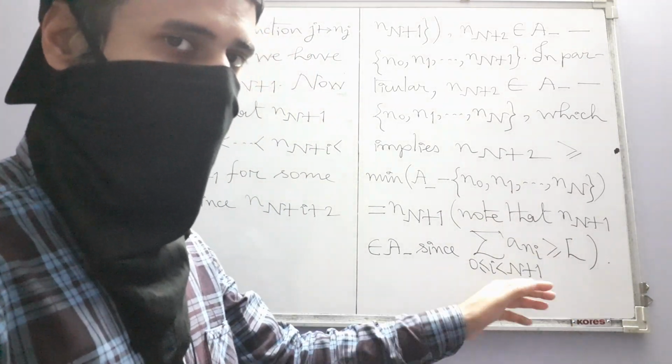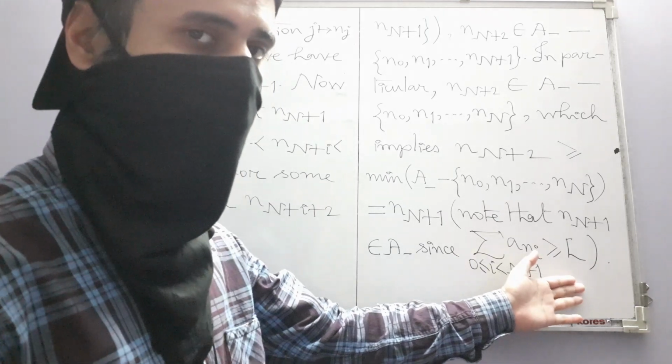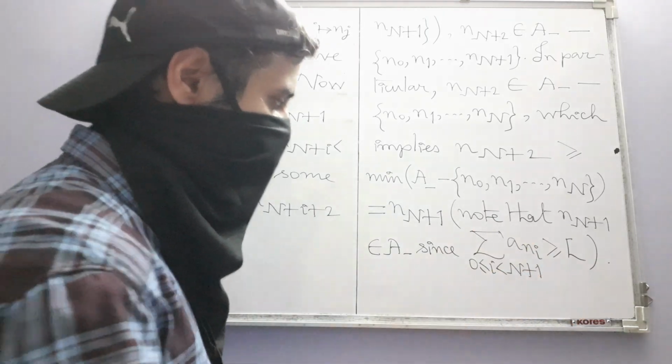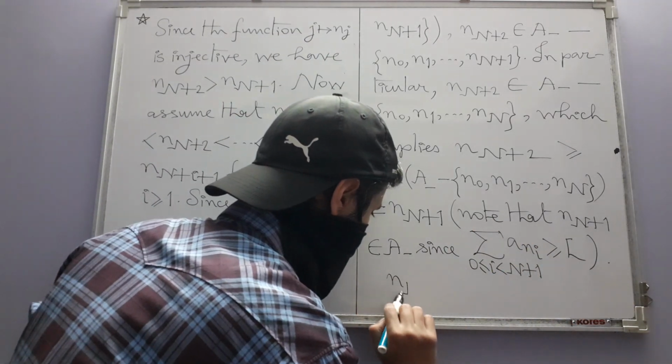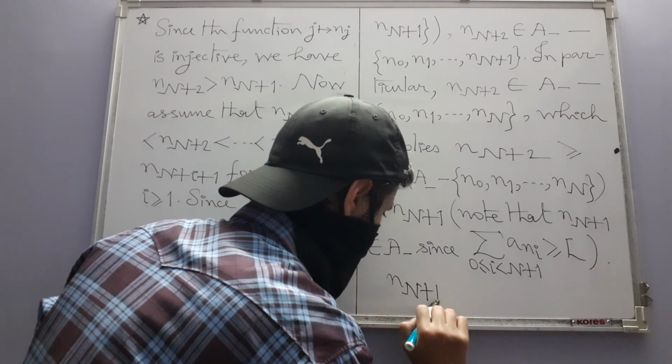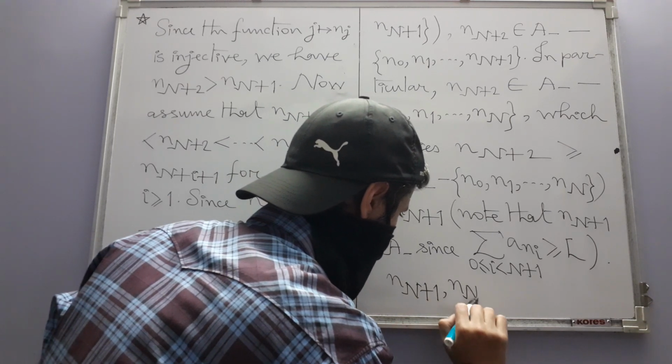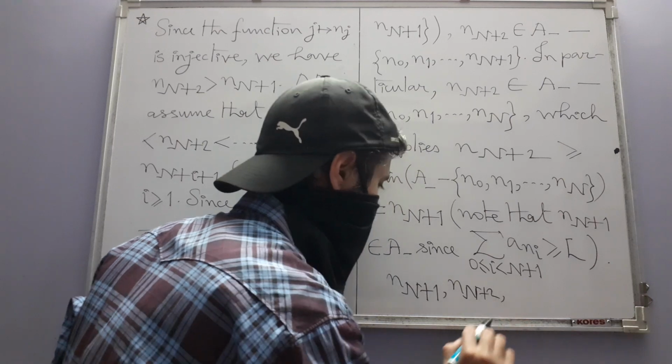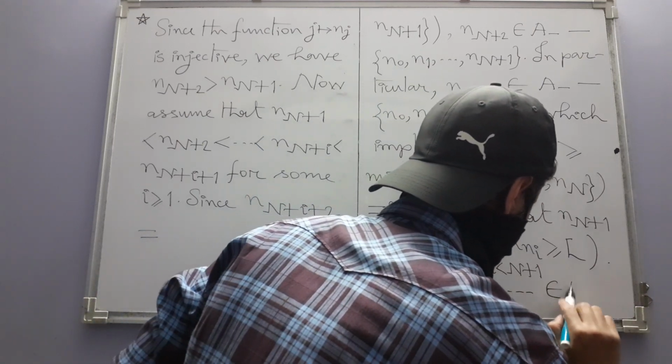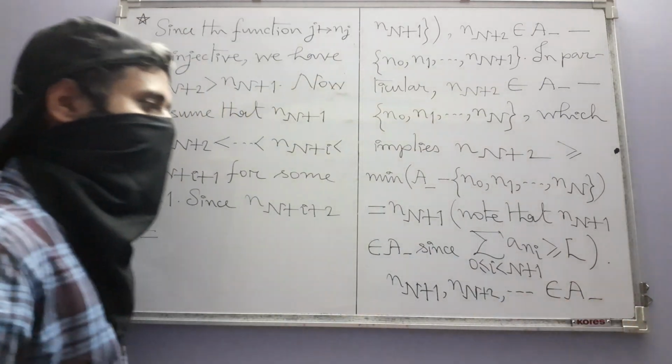All of such sums are going to be greater than or equal to A, because of which n plus 1, n plus 2, all these things actually are going to come from A minus.